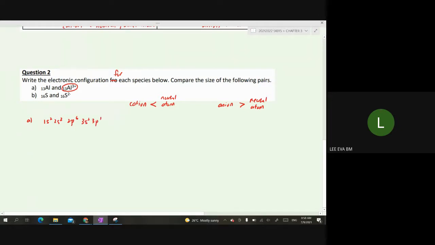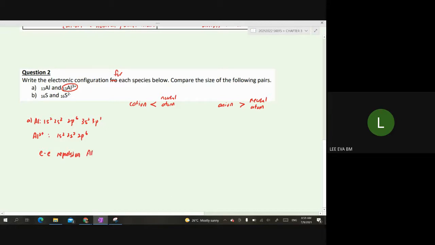So this one is for Al, and then when you are forming Al3+, you are removing away your valence electrons. So it becomes like this. So obviously you can see the electron repulsion decreases or increases? Decreases.